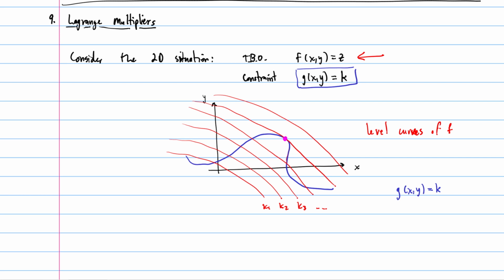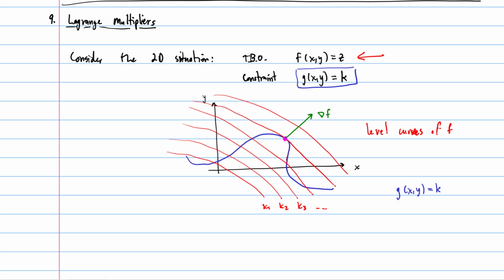And so what we should remember, I hope, is that the gradient vectors of both of these functions are always perpendicular to, or orthogonal to, the level curves. So the gradient vector of f at this point is always going to be perpendicular, orthogonal to the red curves. So it's pointing this way.